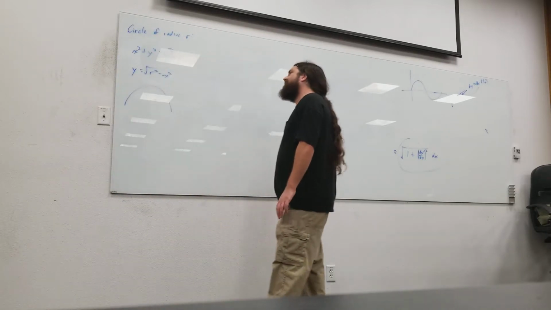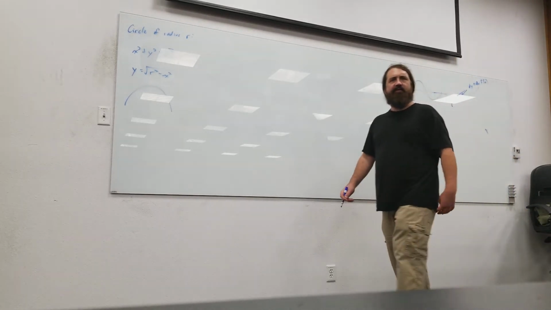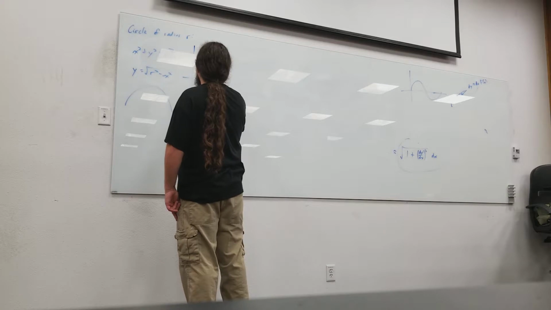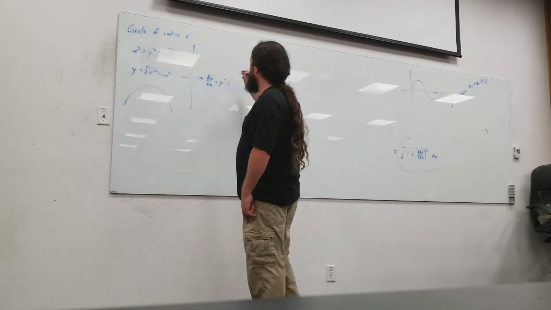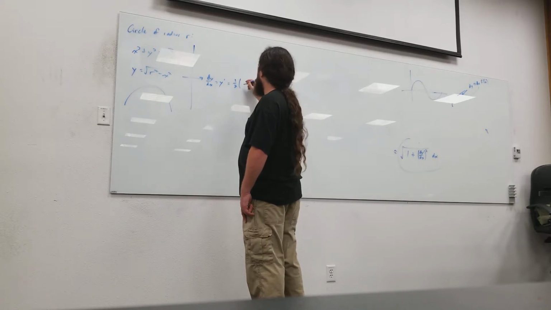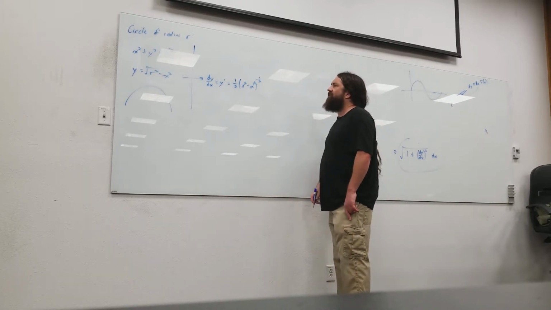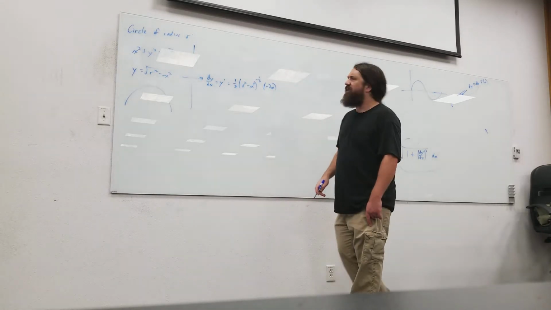If I'm integrating 1 plus the square of dy dx, well, I need to calculate the derivative of this function. So from here, dy dx is what? I got 1/2 times r squared minus x squared to the negative 1/2 times what else? Negative 2x with chain rule. Is that right? Okay.